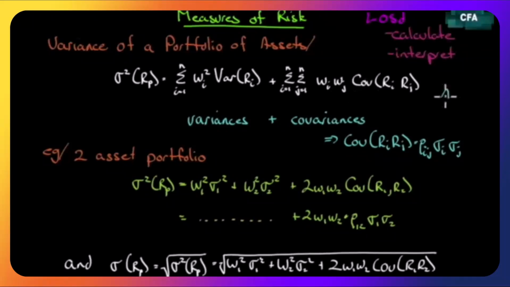If we have two assets, A and B, we're going to calculate a covariance of A with B, and you're going to calculate a covariance of B with A, hence the 2. Because if we know the covariance of A with B, we know the reverse, so we'll just multiply it by 2. So 2, the weightings and the covariance of i, j. Or you can use correlation in there. If you know the correlation between the two, but you don't know the covariance, you can use the correlation in there.